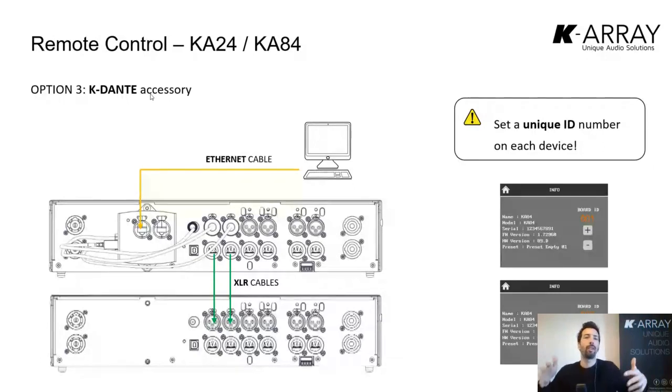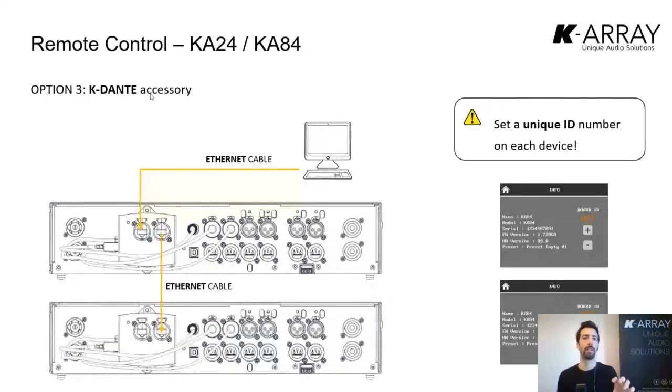That's okay if you are streaming the same music on all the speakers connected to all the amps. If instead you have several zones, probably you need more K-Dante accessories, because each K-Dante brings 2 channels. So depending on how many discrete inputs you need, of course, you need more of these accessories.